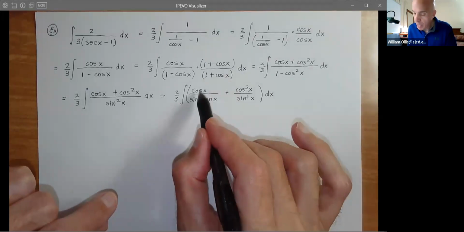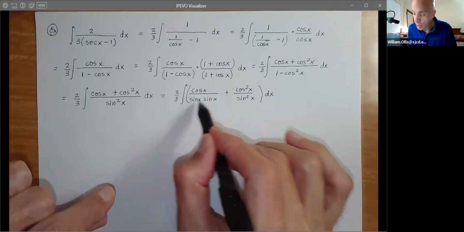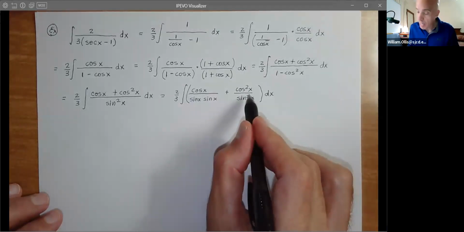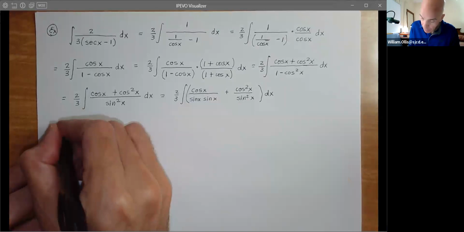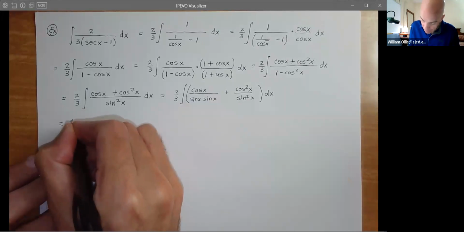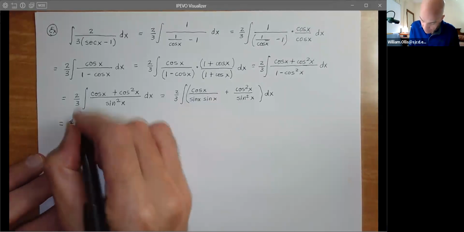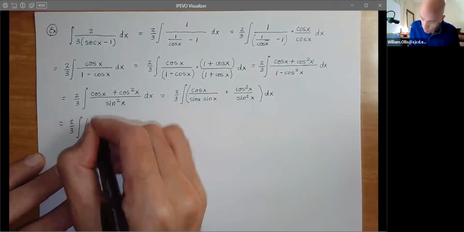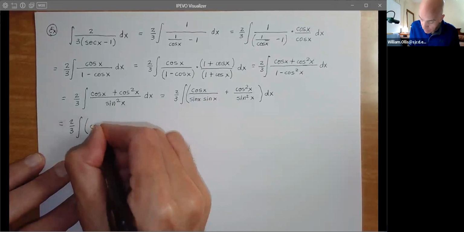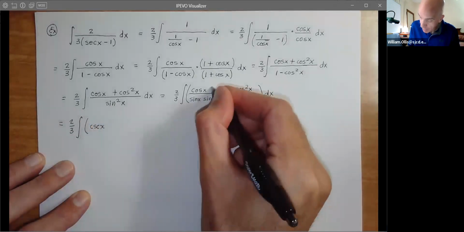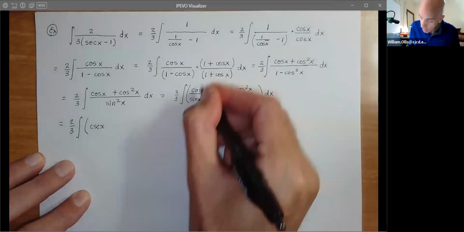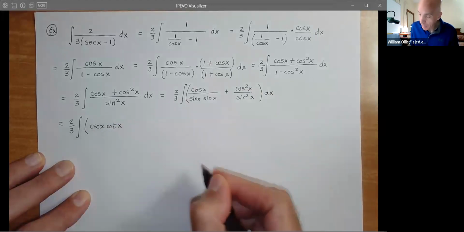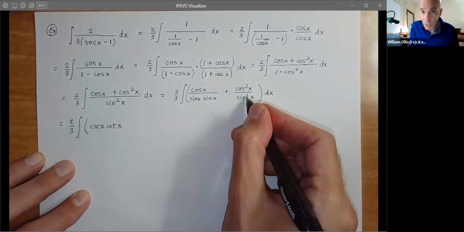Notice here, we have the cotangent, cosecant, like the last problem, but here we have the cotangent squared. So we have cosecant, the 1 over the sine, this part right here, and cotangent, just using the basic fundamental identities, plus the cotangent squared.